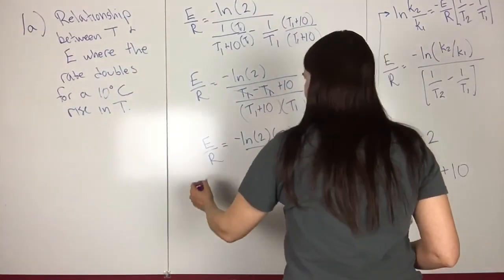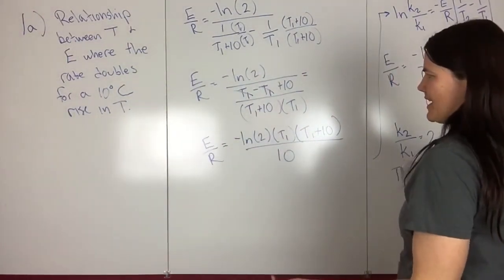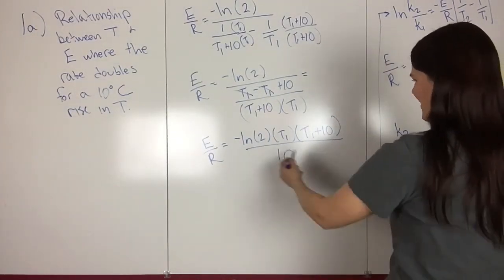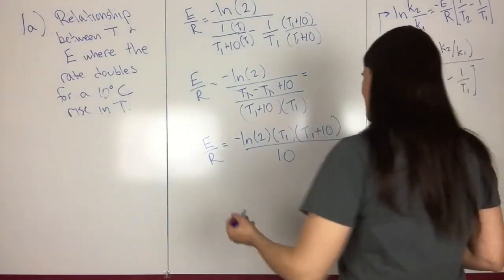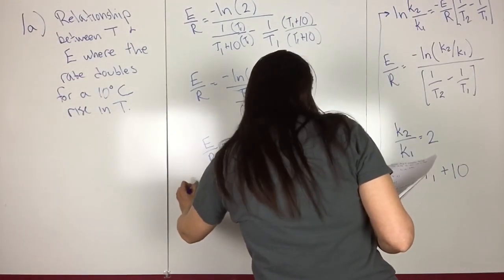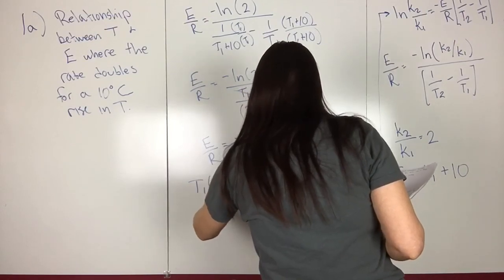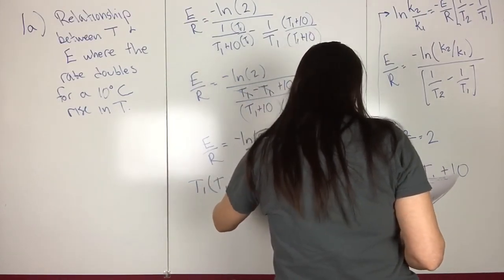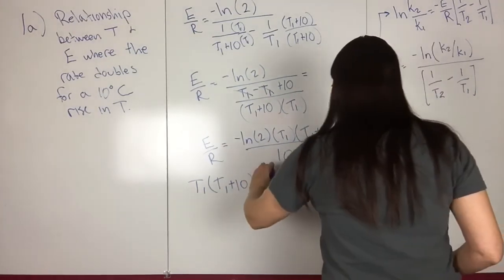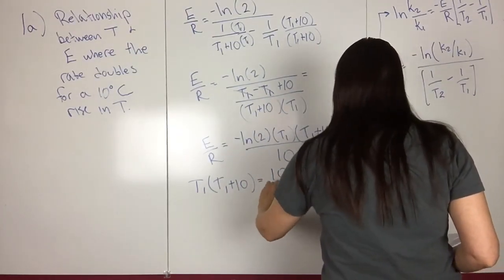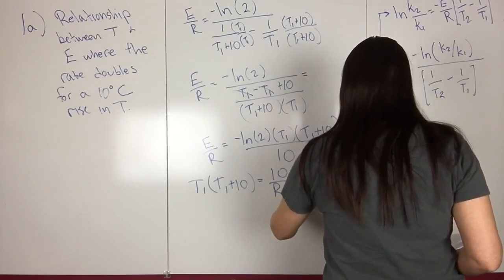Well, it's the relationship between temperature and E, so technically that's this, but I'm going to solve for T1. So we have T1 multiplied by T1 plus 10 is equal to 10 E over R natural log of 2.